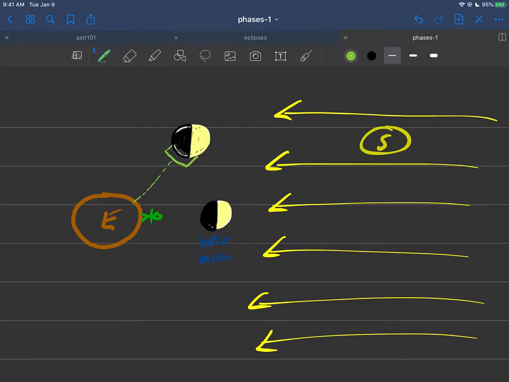So this little arch here, or U-shaped construct, is what my whole view would be. And just like when I was down here, the view that I saw was the whole dark moon. But now the moon has moved up to here, and what we see in this U-shaped arc is a little bit of light right there, but mostly dark. So we don't see a lot of the moon, but we do see just a little bit.